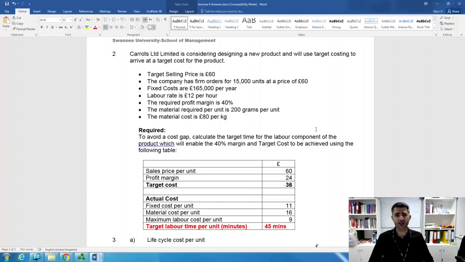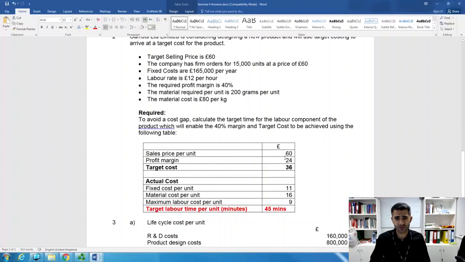Now, in terms of target cost, as I mentioned, we need to start calculating the target cost, and the target cost equals the selling price minus the required return. So the selling price is £60, and from £60, guys, you need to minus the required return, and the required return is £24. Why is it £24?